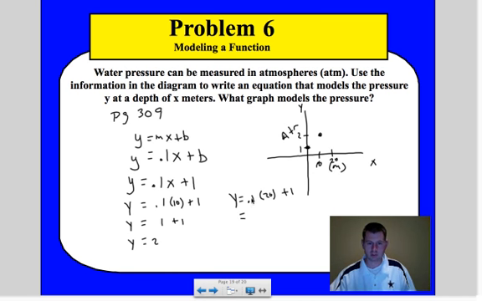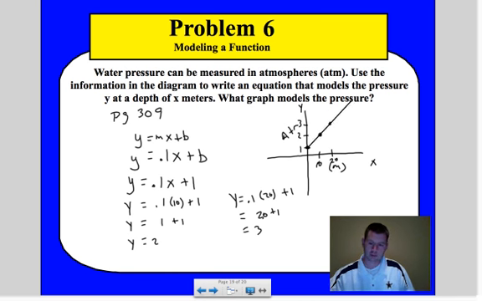Well, 0.1 times 20 is 2, plus 1 gives us 3. So we're right here. As we get 3 points, that's good enough.